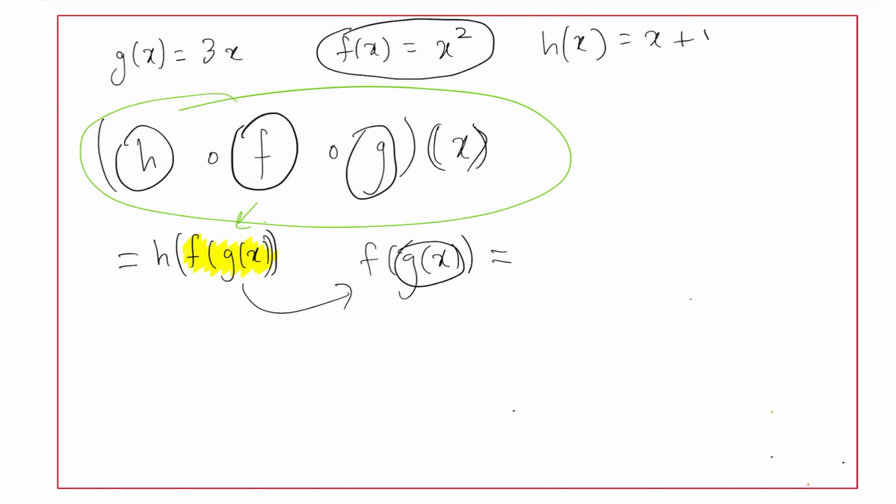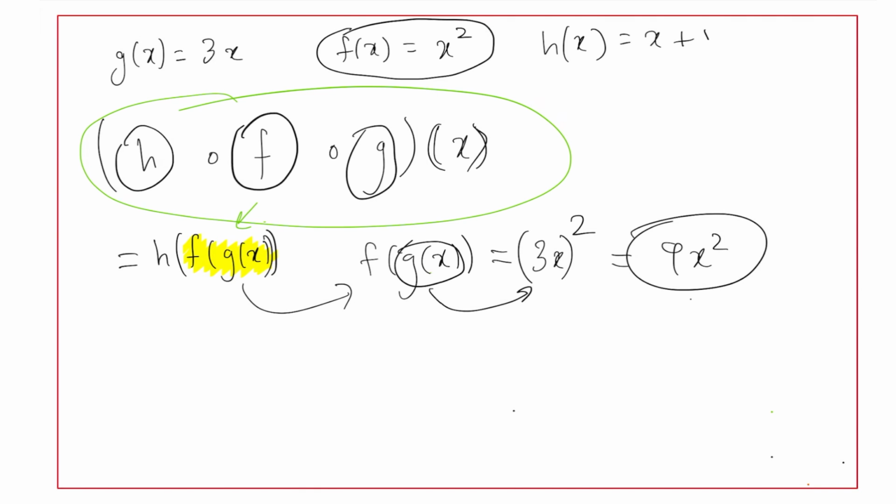And we're plugging in g of x. And g of x is 3x. So in the place of x here, we would be putting 3x, because we're plugging in g of x, which is 9x squared. So we found f of g of x is 9x squared.